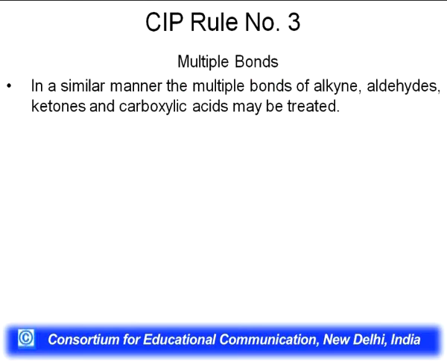Moving on to the next, in a similar manner you can do the multiple bonds for alkyne, aldehydes, ketones, carboxylic acid, or maybe if you want to do some difficult examples, you can go on to do benzene and compare with difficult things. So I have taken aldehyde. I am not going into elaborate details like the previous slide, because now we would understand.